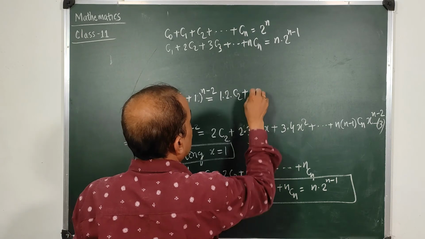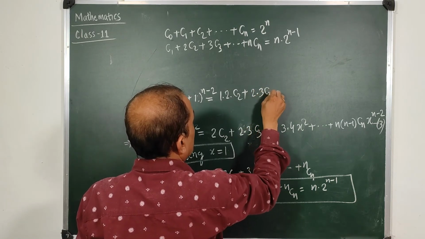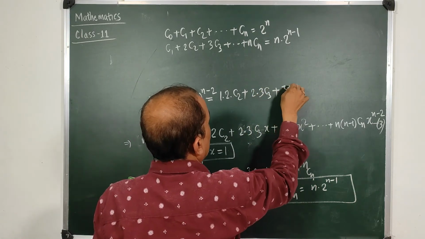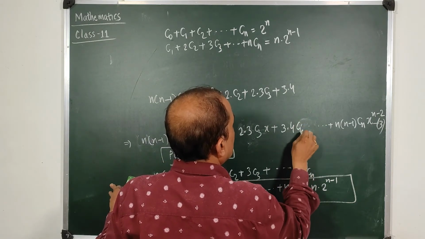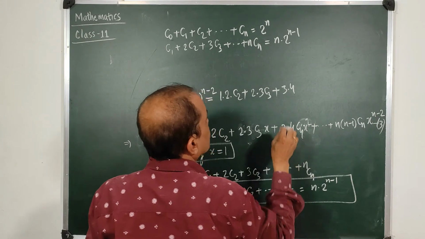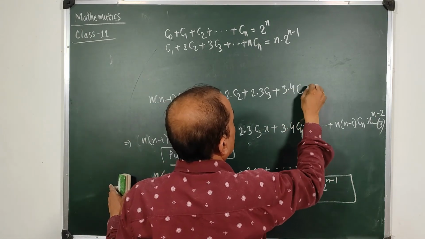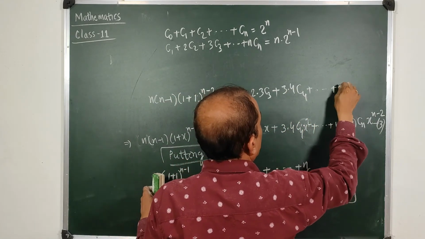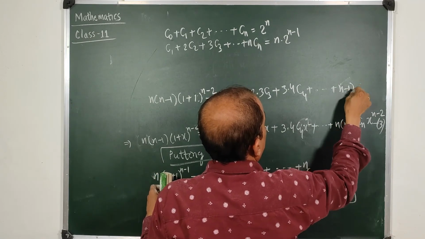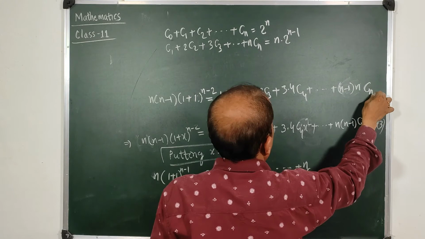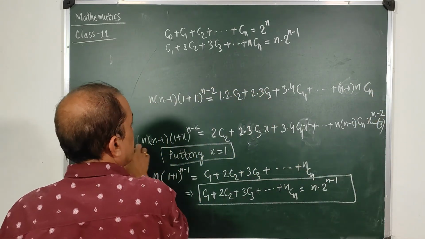The next term will be 2 into 3C3, the next term will be 3 into 4C4, and keep on going. This will be (n-1) into n Cn.